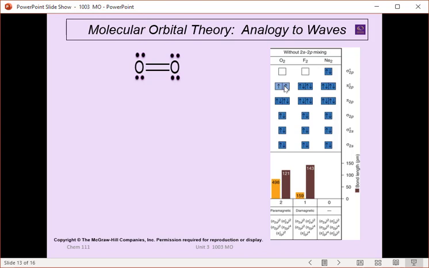So that would imply, first off, that it's paramagnetic because I have 2 unpaired electrons. So that's important. Then the second thing would be the bond order.